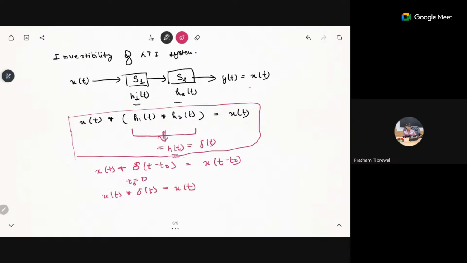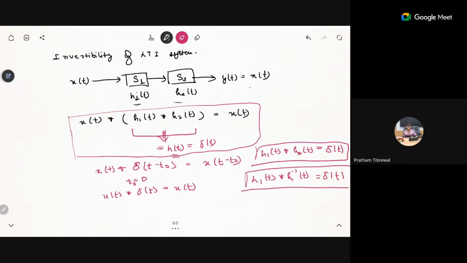That means h1(t) convolution with h2(t) should be equal to delta(t). Or we can write it as h1(t) convolved with h1 inverse of t is equal to delta(t).